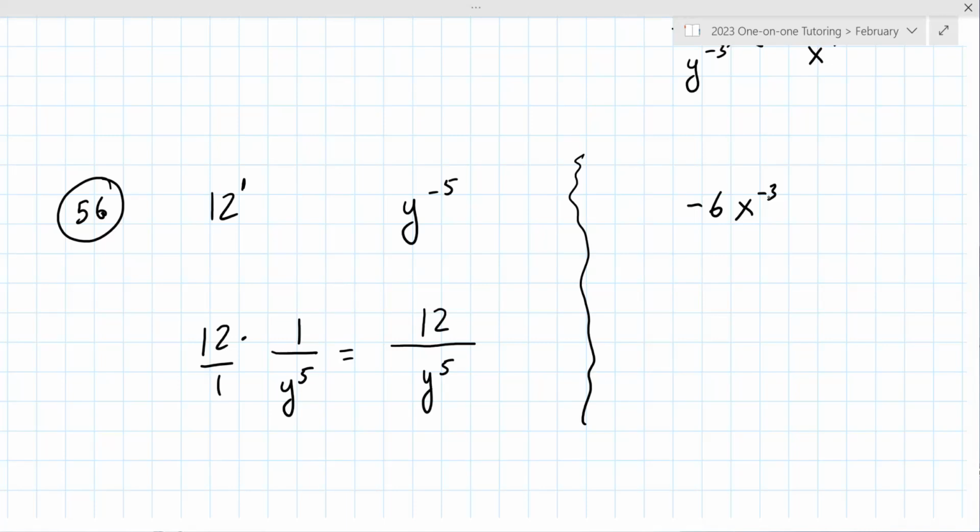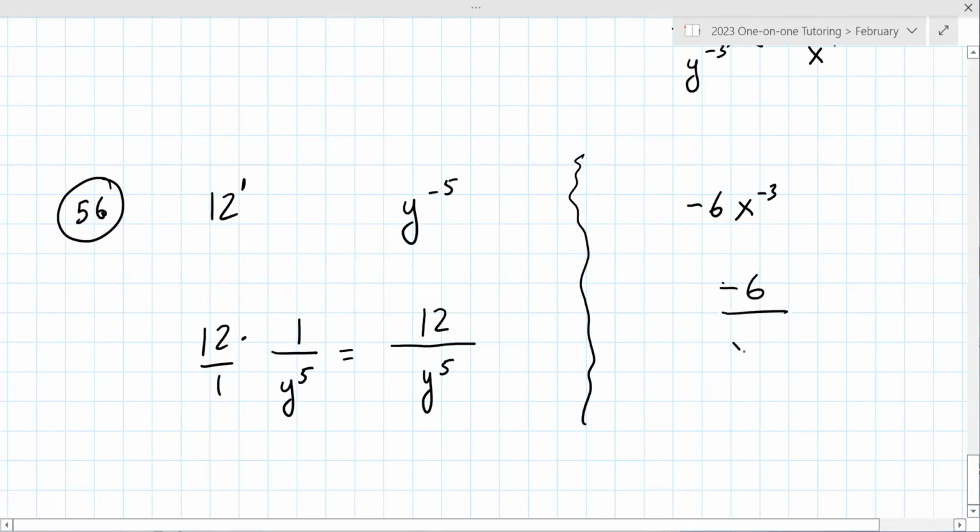Yes. That's what I was hoping you would ask. And then, so you get -6 over x to the 3rd power. Good. Really good.